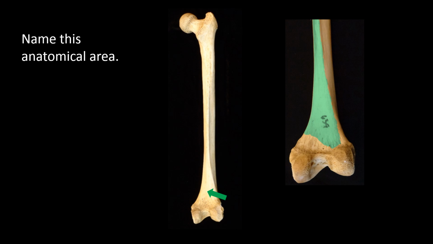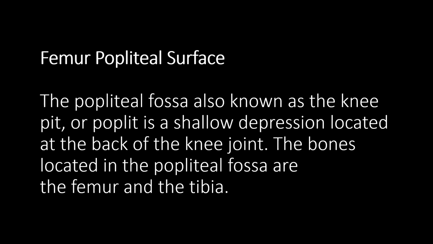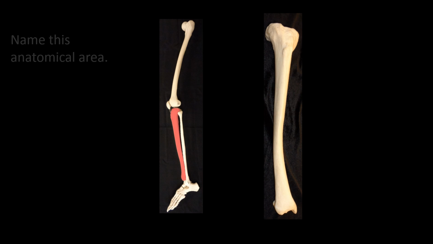Name this anatomical area. Femur popliteal surface. The popliteal fossa, also known as the knee pit, or poplit, is a shallow depression located at the back of the knee joint. The bones located in the popliteal fossa are the femur and the tibia. Name this anatomical area.